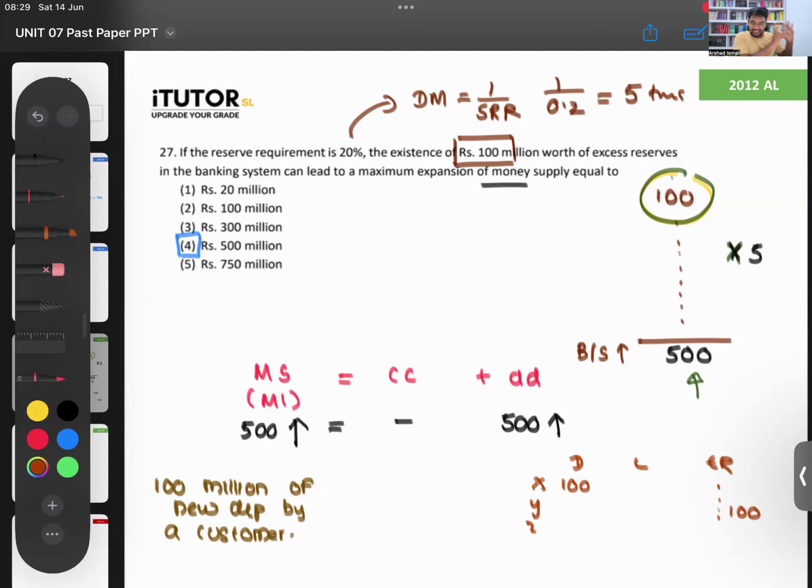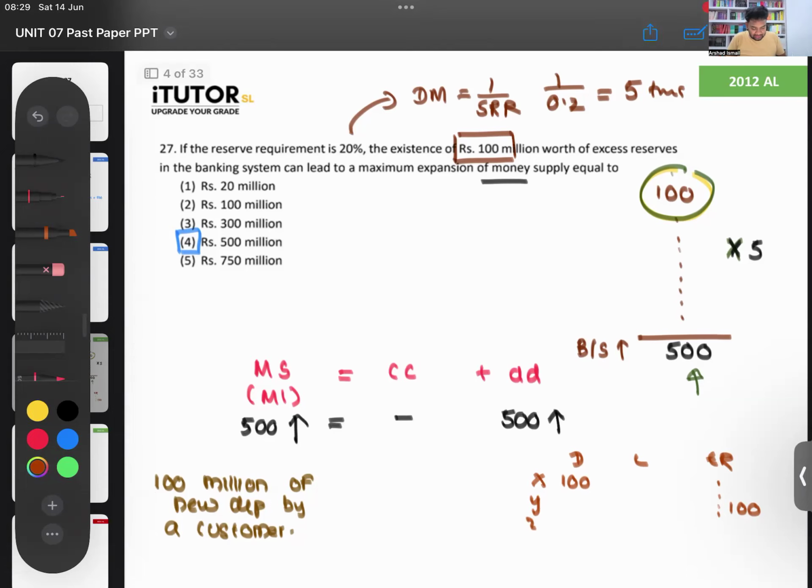The moment that excess is given as a loan, think of it as a new deposit coming into one of the banks. If you give it as a loan to one person, that person will spend it somehow and it will come as a new deposit to another bank. And then your credit creation process starts. And then the banking system will have a total of 500. Okay. I will leave it there.